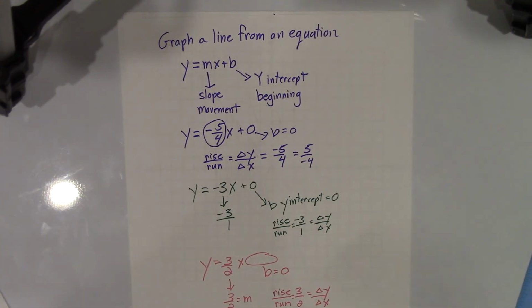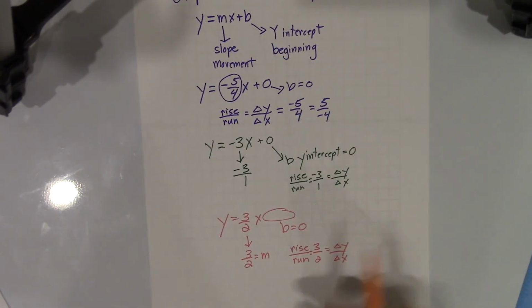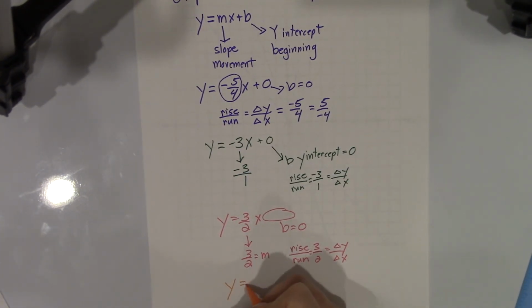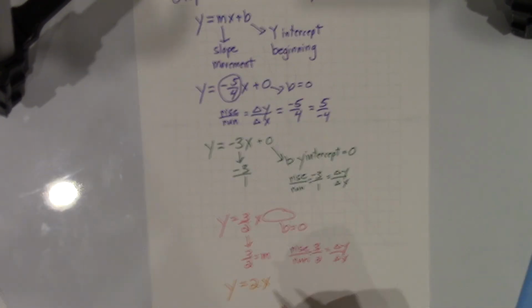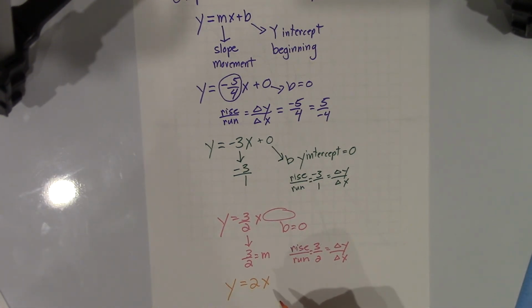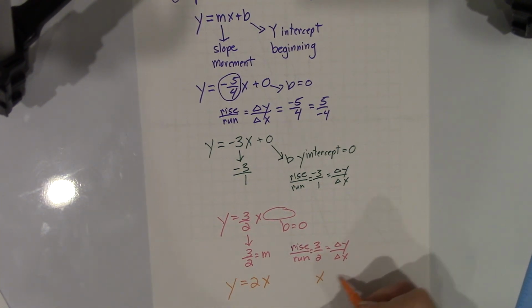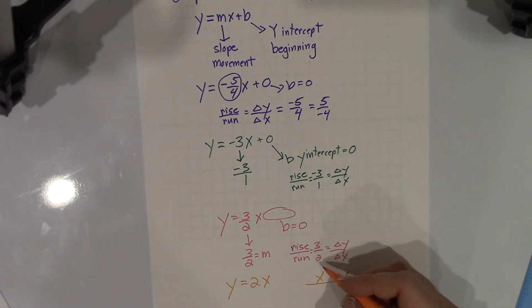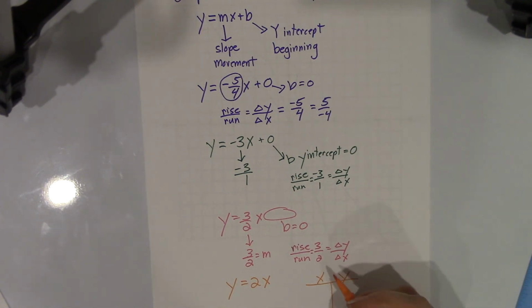So in my honors class, they were getting a little bit confused about, well, what is the y and what is the x? So when we created our tables, x, y, sorry for that pause, I can plug any number in for x and get the y value for this line.